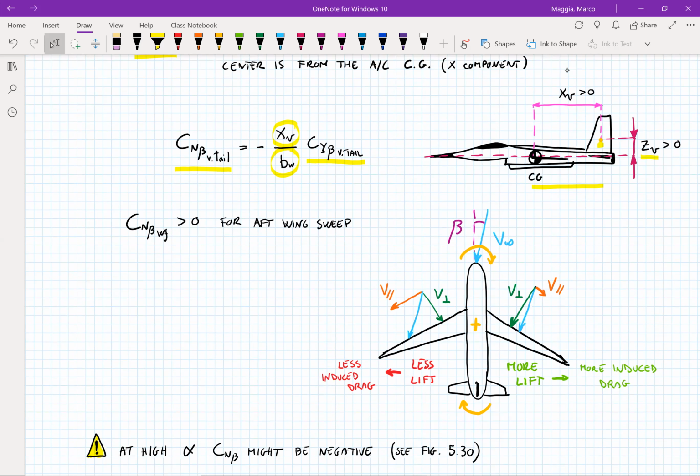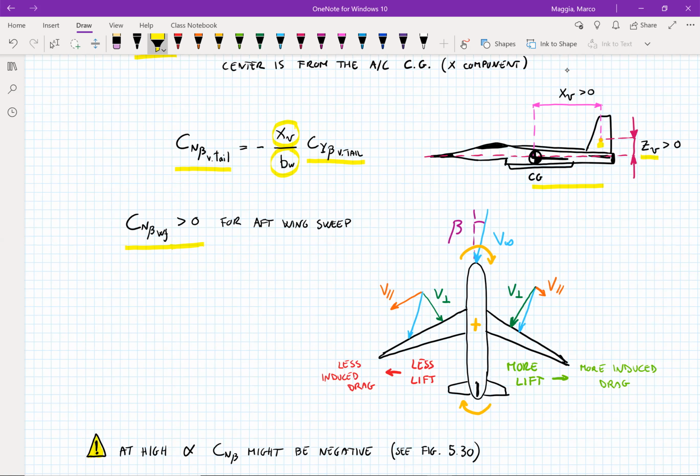Just a consideration of the contribution due to the wings and the fuselage. Well, for aft wing sweep, so for wings that are swept backwards, the contribution is positive, and this is because, so this is the same drawing that we saw last time.